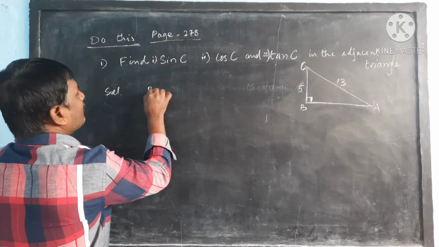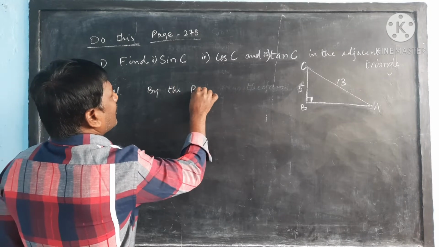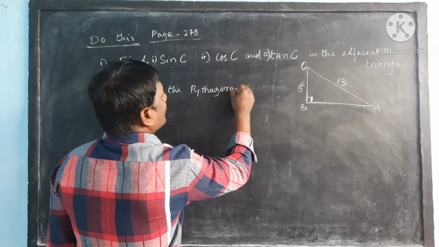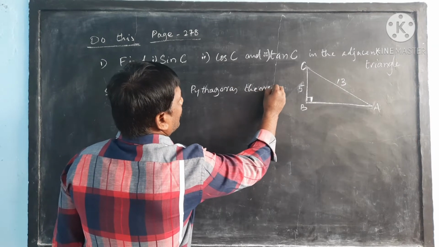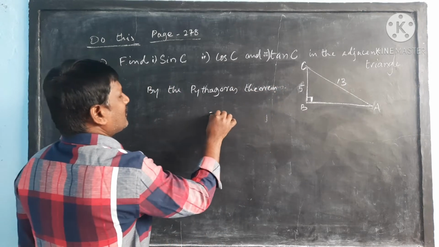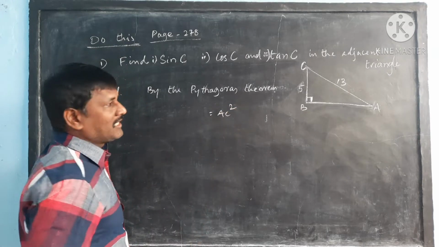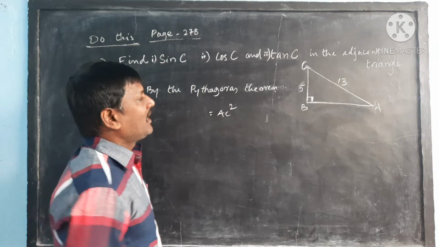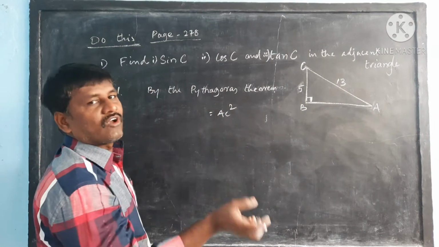We can write by the Pythagoras theorem, we get the square of hypotenuse, that is AC is the hypotenuse, which is equal to, right angle, okay, right, is equal to the sum of the squares of other two sides.